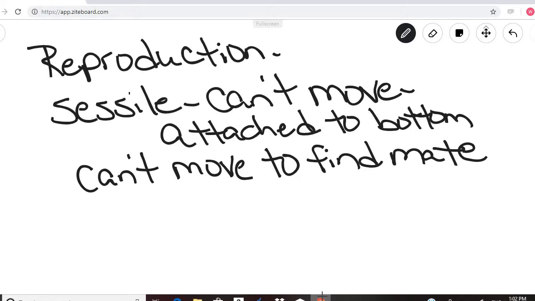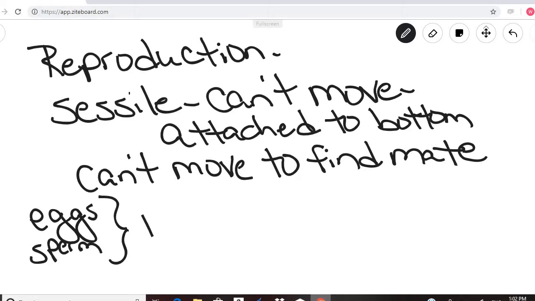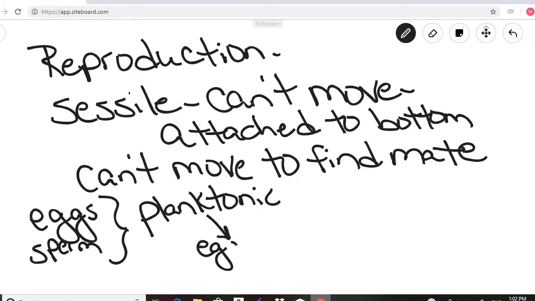Well, in the intertidal pool, for many organisms, the eggs and the sperm that are produced are planktonic. And you should remember that means that they float along with the water. So the egg and the sperm would be carried out with the tide.